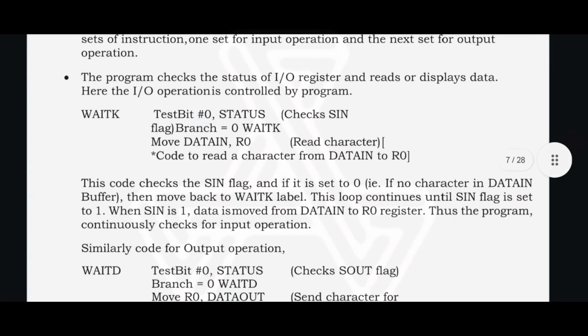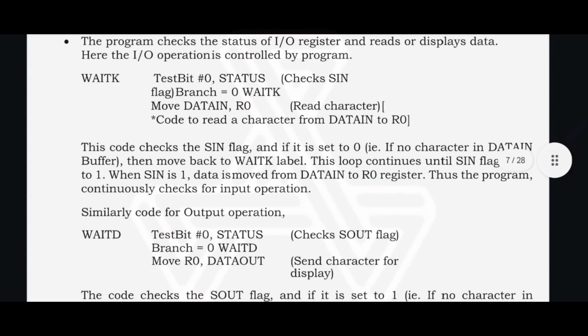This code checks the SIN flag, and if it is set to 0, meaning no characters in the data in buffer, then it moves back to the WaitK label. This loop continues until the SIN flag is set to 1. When SIN is 1, data is moved from the data in register into the R0 register, thus the program continuously checks for the input operation.